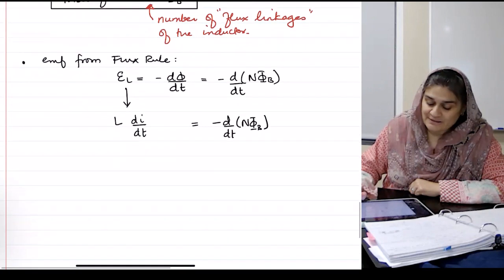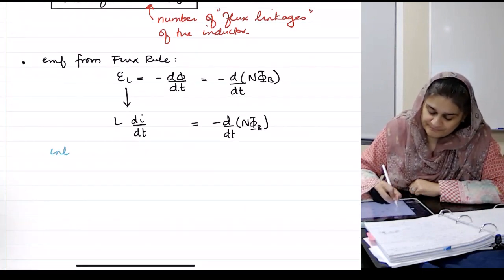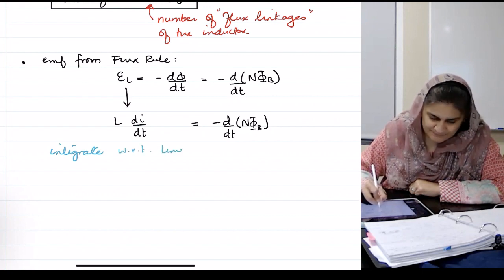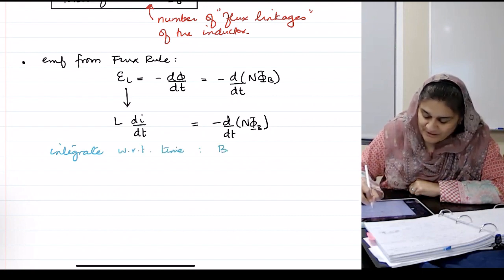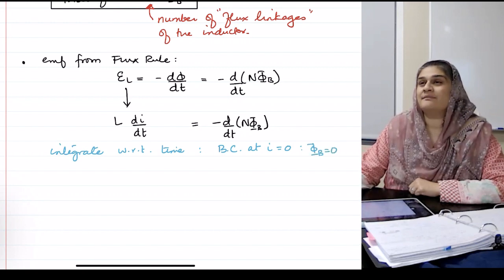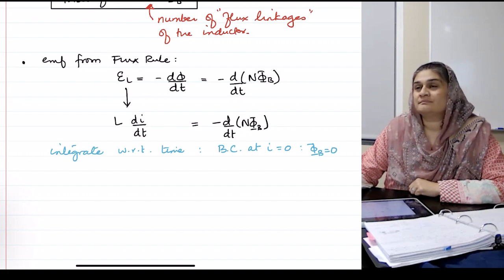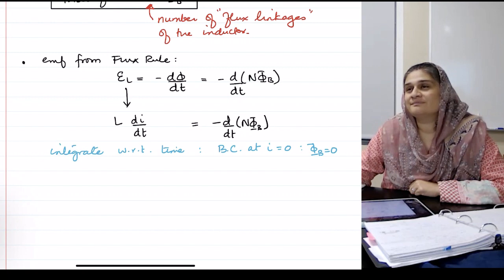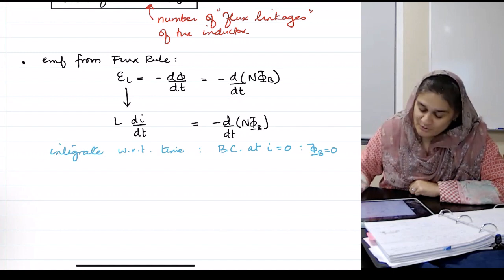I can integrate with respect to time with the boundary condition that when I equals 0, phi b equals 0. That's a reasonable assumption, right? When there's no current, there's no flux. There's no B field. So what will I get?